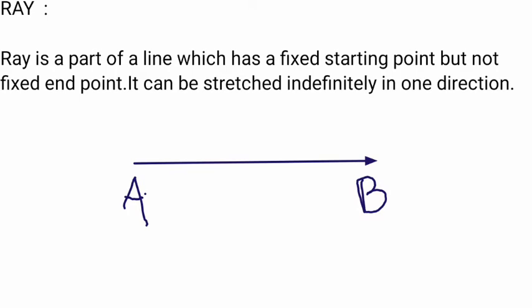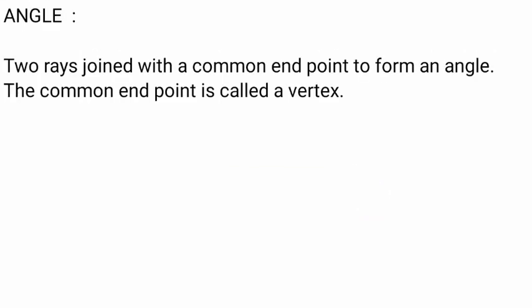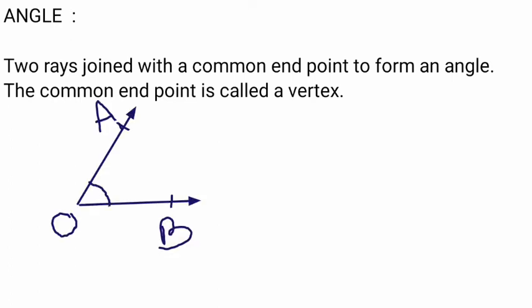Now angle. Two rays joined with a common endpoint form an angle, and the common endpoint is called a vertex. Here in this diagram, OA is a ray and OB is a ray. Both the rays are joined and have a common endpoint, that is O, and the common endpoint is called a vertex.